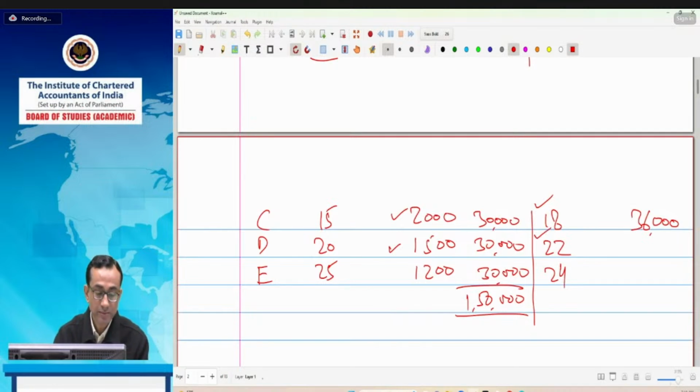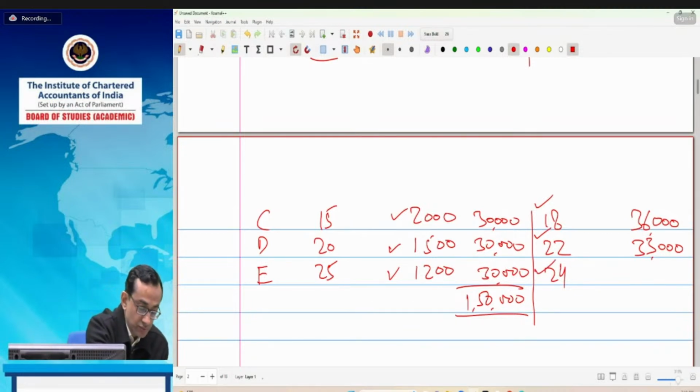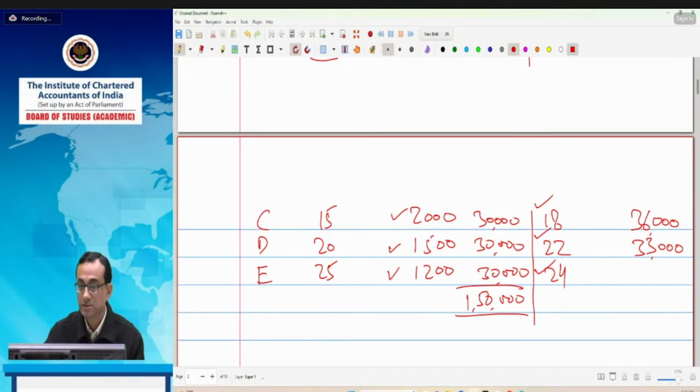So it will come to about 33,000. And in case of E, it will be 1200 into 24, which will come to 28,800.